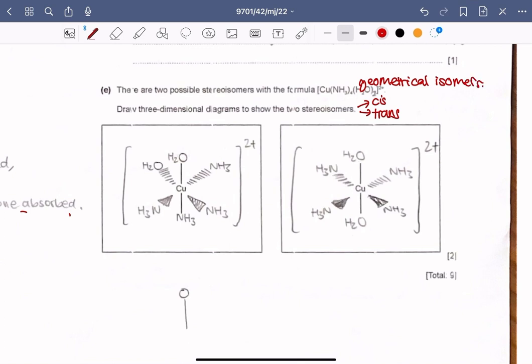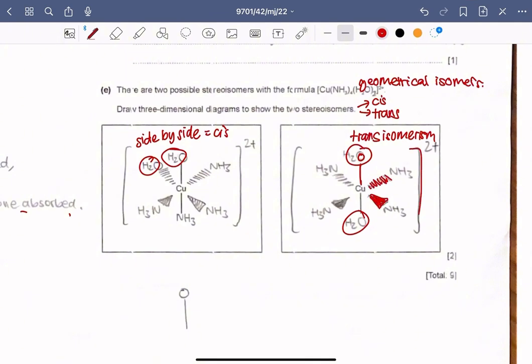Where the two H2O are side by side, it is cis isomerism. For H2O, remember that the bond is attached to the O and not the H. The other arrangement is trans isomerism. Don't forget to draw the 3D structure with shaded and dotted lines, and don't forget the charge of the whole thing, 2+.